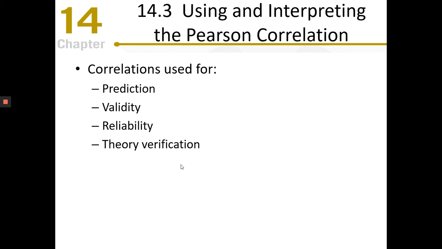And here's this theory verification. That's just a fancy way of saying it can be used as an inferential statistic. So you have an idea that narcissism is related to being a jerk to other people, and I can go out and collect data on these two variables.